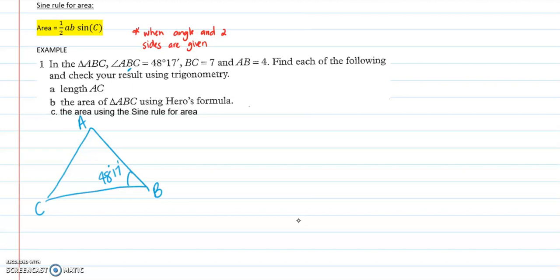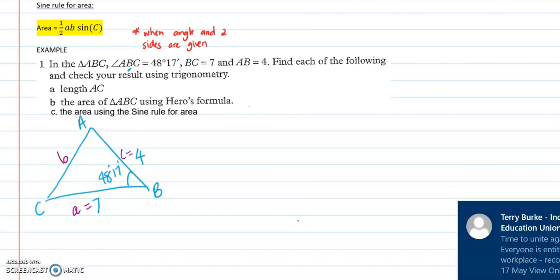We know that BC, which is given, is equal to 7. We also know that AB is equal to 4. Since that's angle A, right opposite that is side A. So side A is equal to 7. That's angle C, so side C is equal to 4. And we don't know side B.